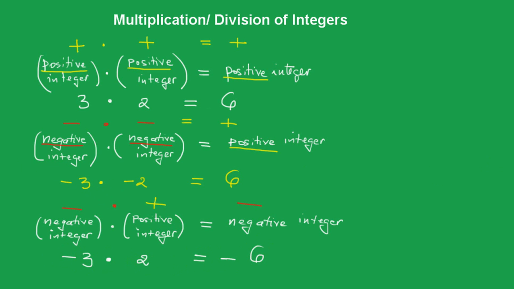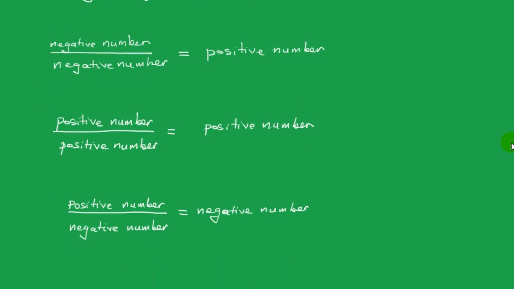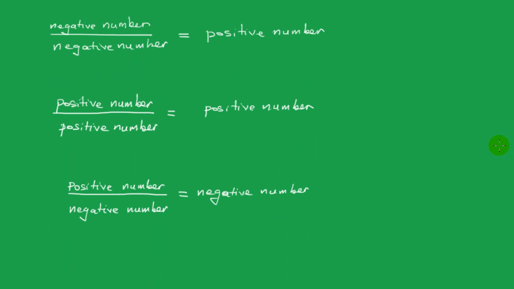Now let's go over the division. The rules are exactly the same as in the multiplication. Here we have a negative number divided by a negative number. The answer is a positive number. Remember, for the multiplication, we had that negative times negative is positive.